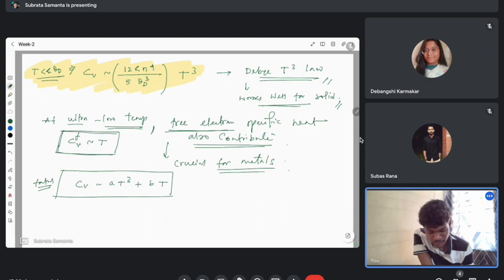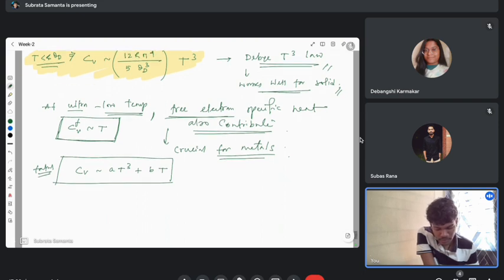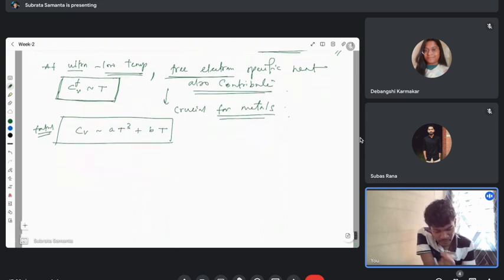Just make a note at this point that Cv, the specific heat of free electrons, is proportional to temperature. We will discuss the rigorous derivations later, and this is the total specific heat at low temperatures.